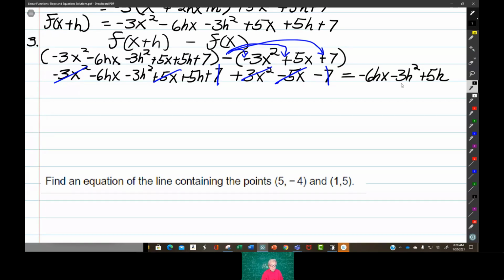Step 4. We now are going to write the entire difference quotient for this problem.